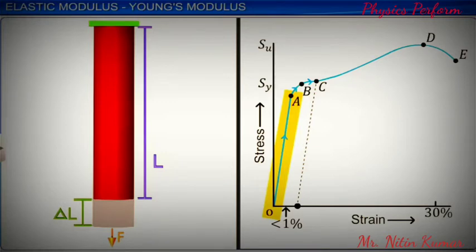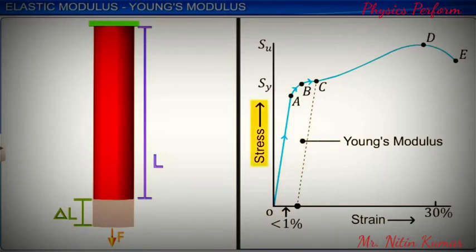More precisely, it is the ratio of stress to strain of an elastic body within its elastic limit. The slope of the straight line OA on the longitudinal strain curve is called Young's modulus in honor of the British scientist Thomas Young.